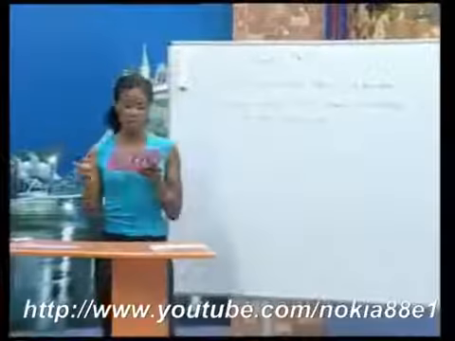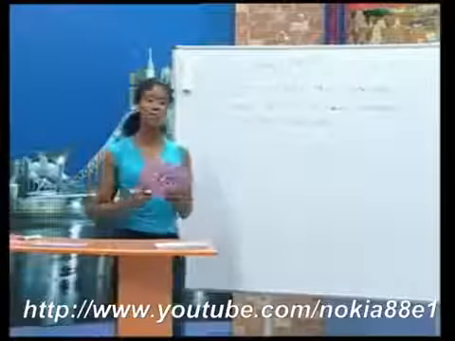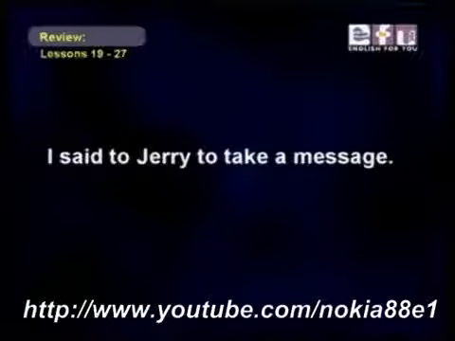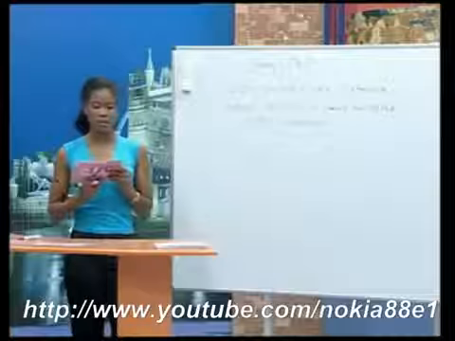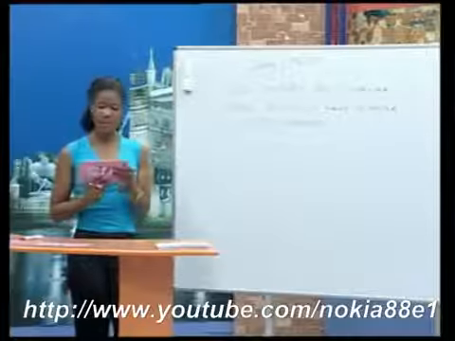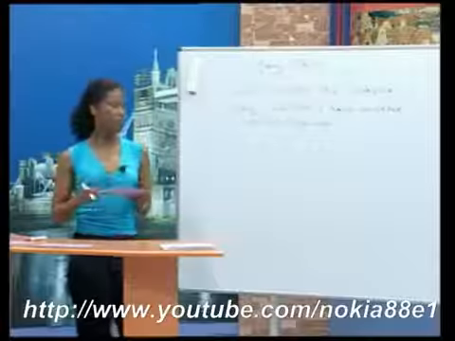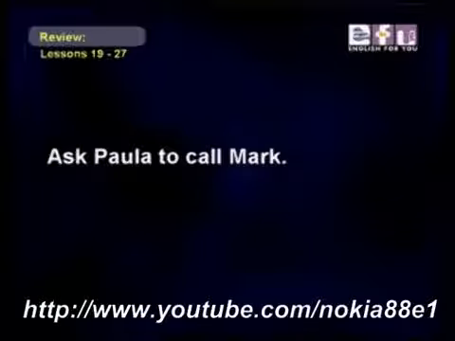We can include the person with say if we use a preposition. For example, I said to Jerry to take a message. We can also use ask in the beginning of a sentence. For example, ask Paula to call Mark.